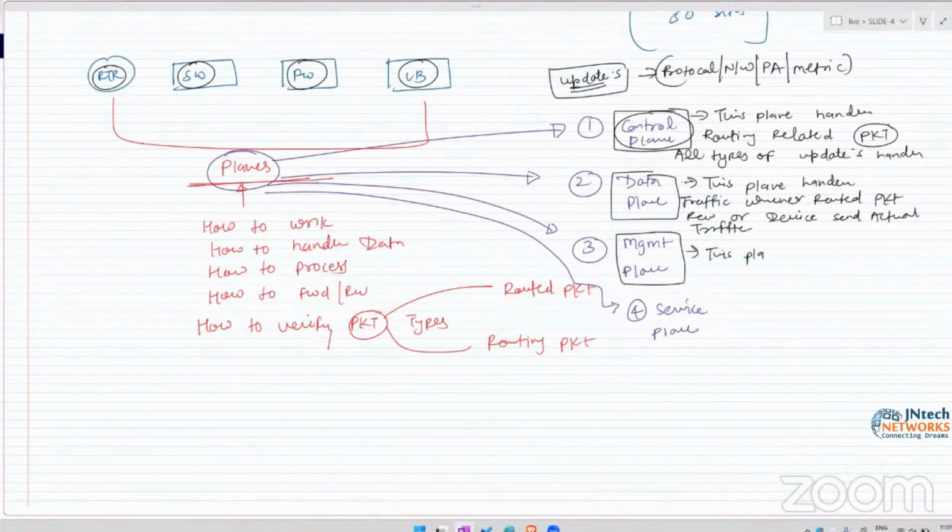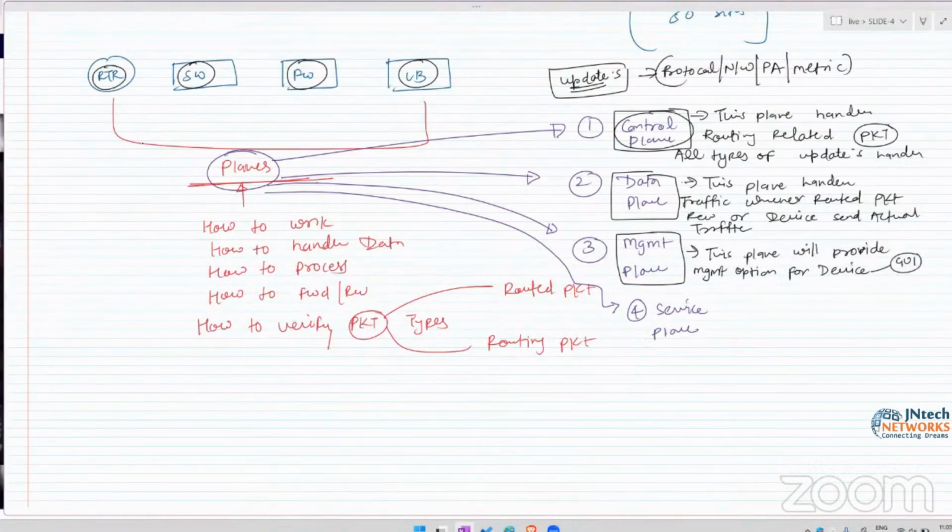Why do we use the management plane? This plane provides a management option for the device. Sometimes it is a GUI, graphical user interface, and sometimes a CLI, which means command line.